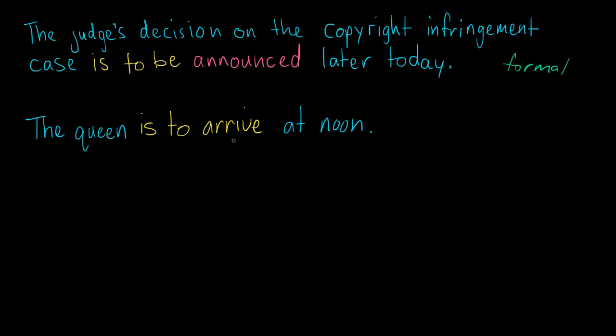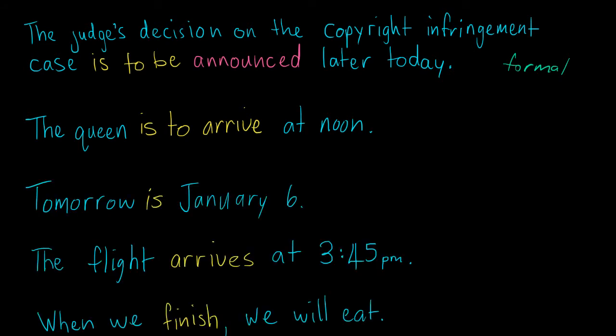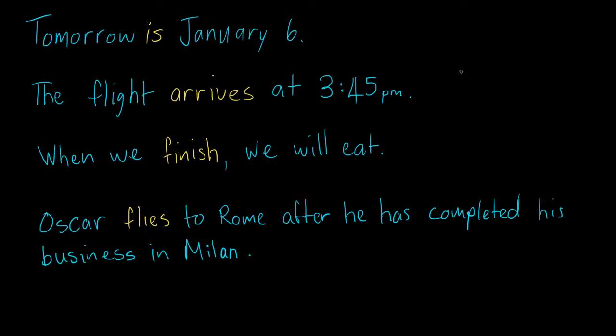"The Queen is to arrive at noon." We see the "is to" with the infinitive here, and again, very formal, and this one's not in the passive, it's an active structure. Let's go to the next point, and we're looking at the present simple here, so I might just write that, the present simple, to talk about things in the future.